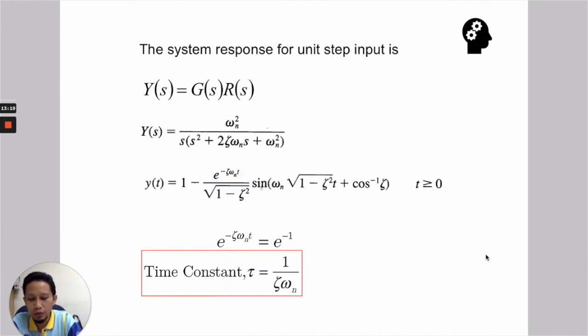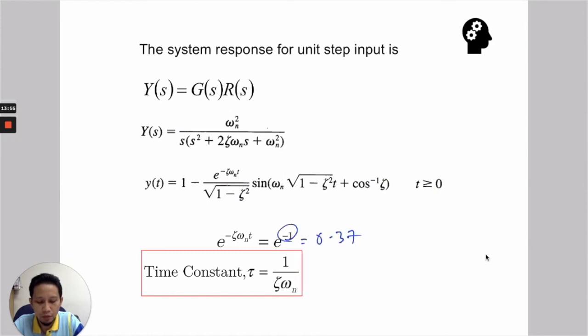We know that the definition of time constant is the time it takes for the system to decay 37% from its original value, or in other words, the time taken for the system to reach 63% of its final value. So we need to find the exponential.